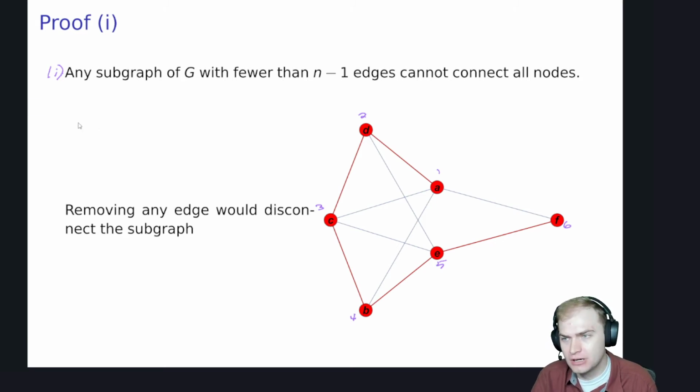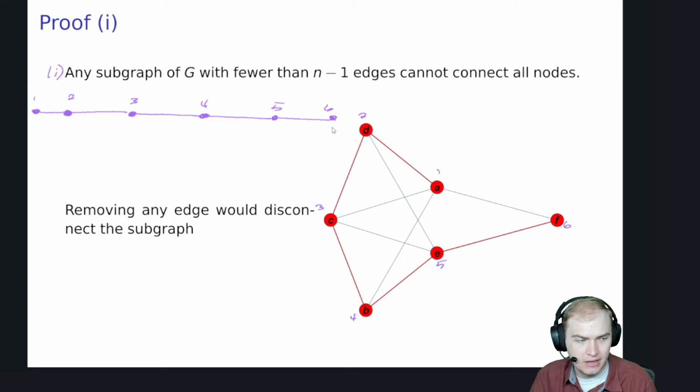This is easy to show for paths, because between every pair there's one edge. You have 6 nodes in this path, but it only takes 5 edges to connect them.